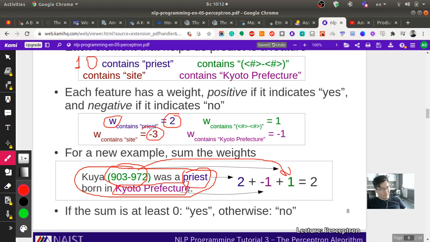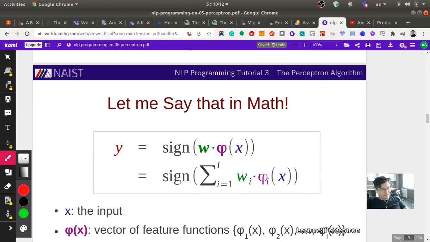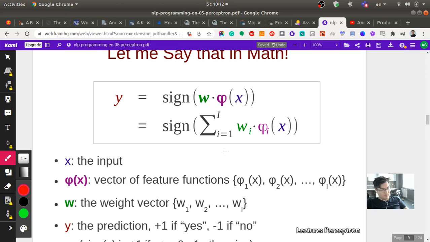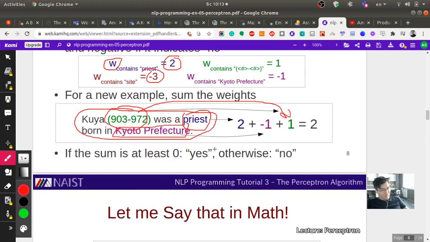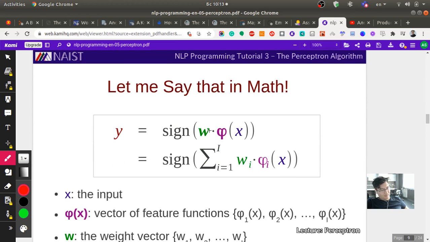Then the values for positive and negative things, let me say in math, use the sign. So the formula is the sign of the weight multiplied by the feature, whether it contains the feature or not, in vector form.